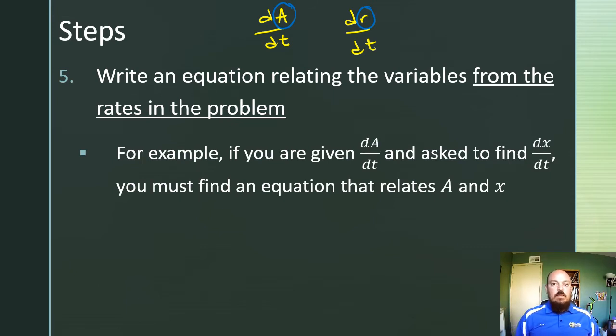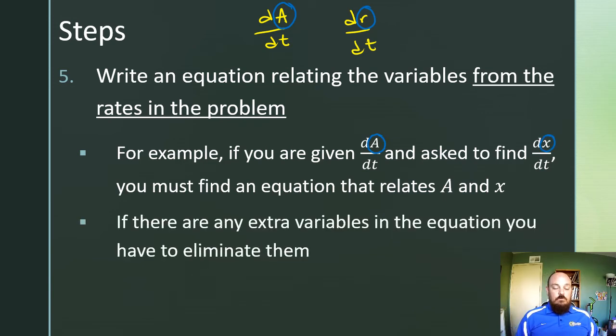So here's another example. It's actually very similar to the one I just did. If you're given dA/dt and you're asked to find dx/dt, you must find an equation that relates A and x. And again, you're relating this one here with this one here. Now, here's a tricky part, an extra tricky part. It has to relate A and x only. If there's any extra variables in there, you need to find a way to eliminate them.